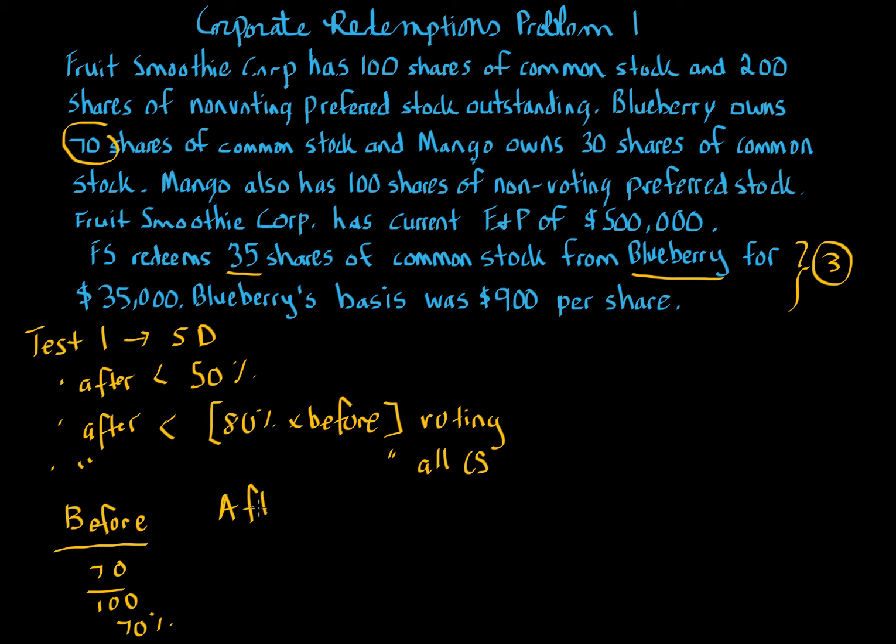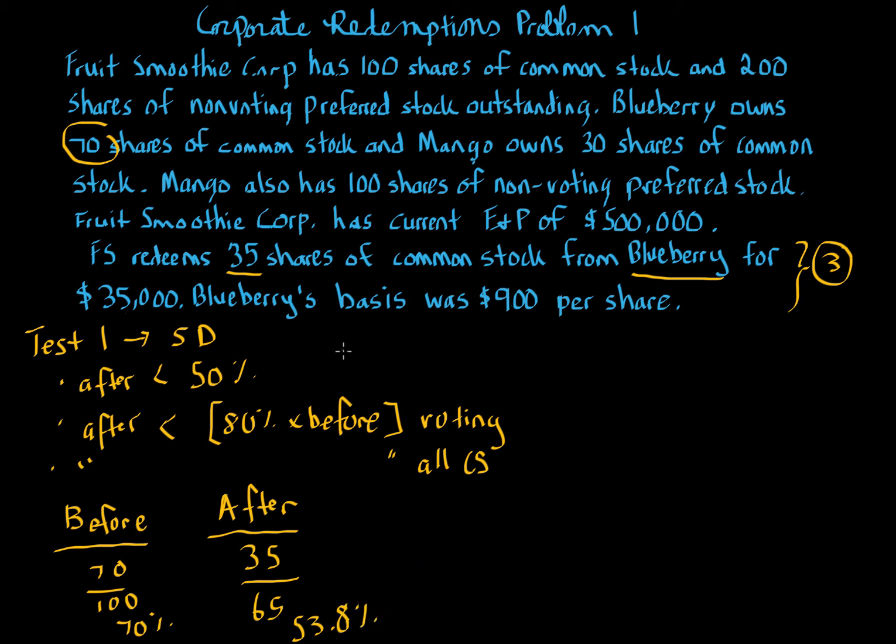After percentage is going to be 70 minus 35, which is 35 shares, over 100 minus 35 redeemed, that's 65. So 35 divided by 65 is 53.8%, going to one decimal place.